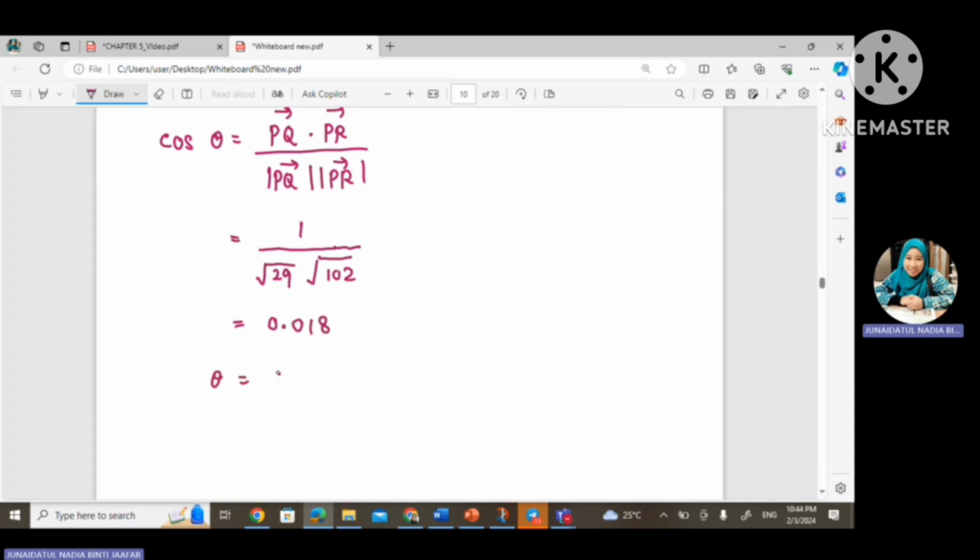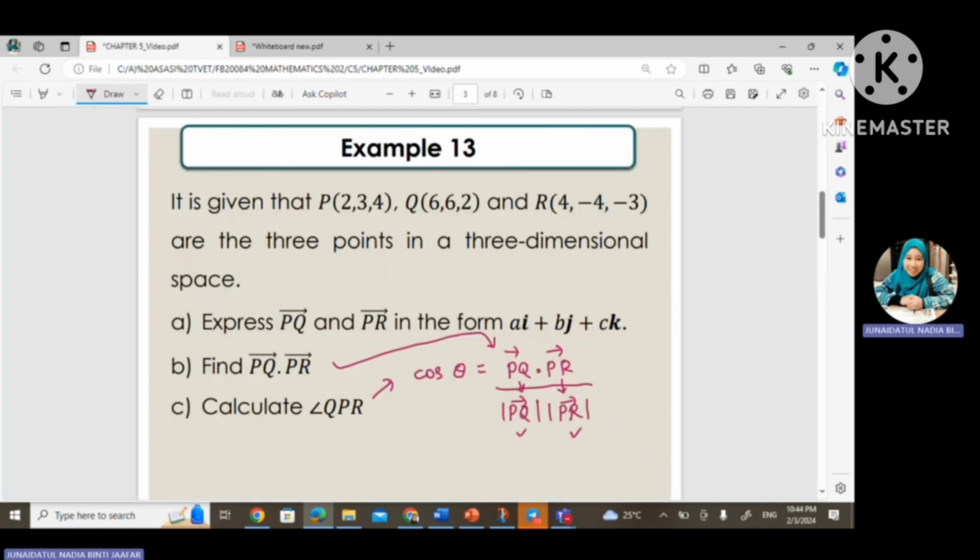Therefore, theta equals inverse cos 0.018, which is 88.97. So this is the answer for question C.